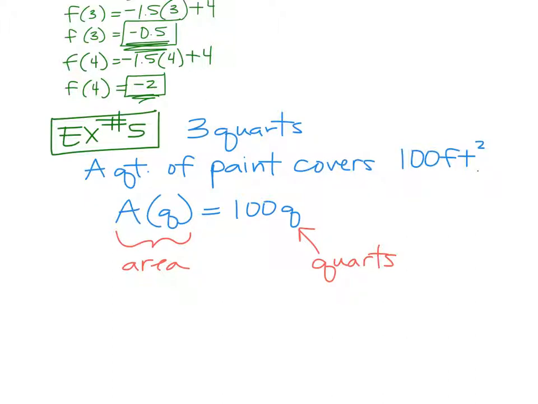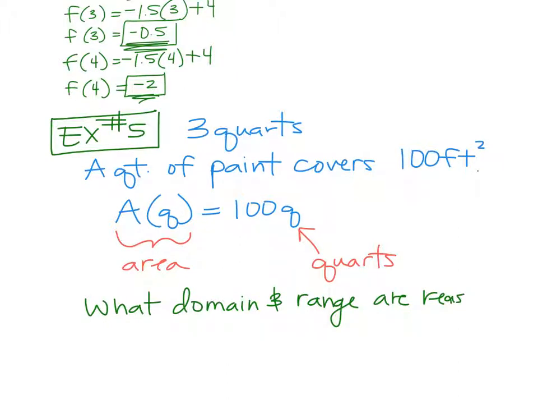Here's the question that you need to answer. Actually, no. We're going to answer this question first. What domain and range are reasonable? Okay, so we said that we have an X and a Y, but in function notation, the Y is gone, okay?